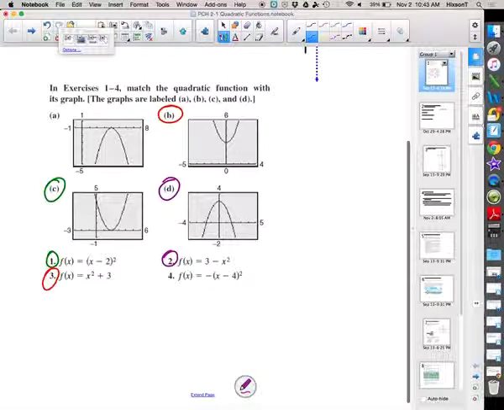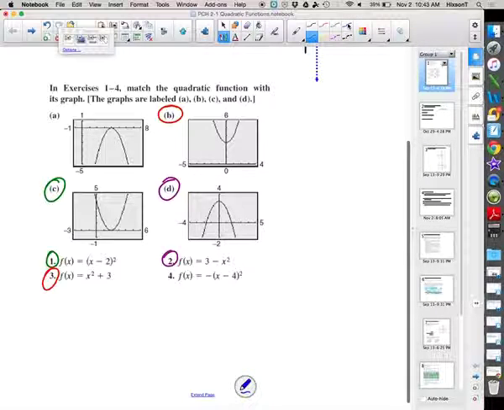All right, and then our last one. Again, the entire thing that is being squared is being multiplied by a negative 1, so it's a reflection across the x-axis. And x minus 4, what does that do? 4 units to the right. Okay? So what haven't we used?